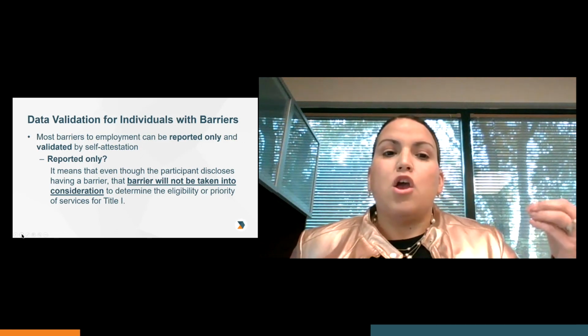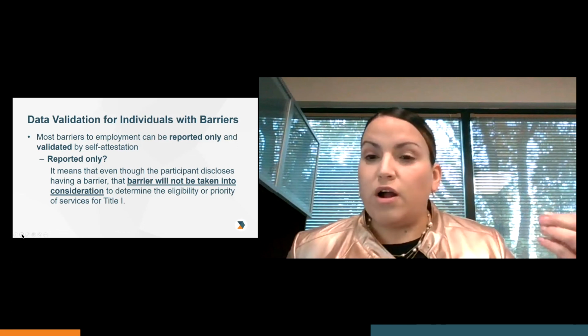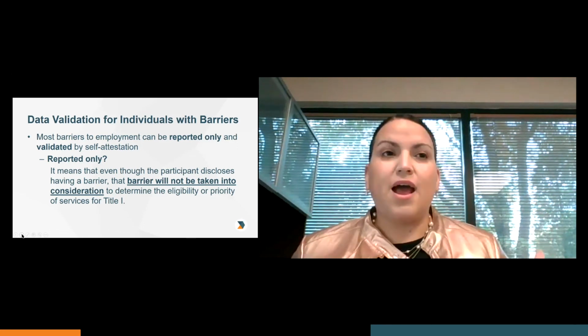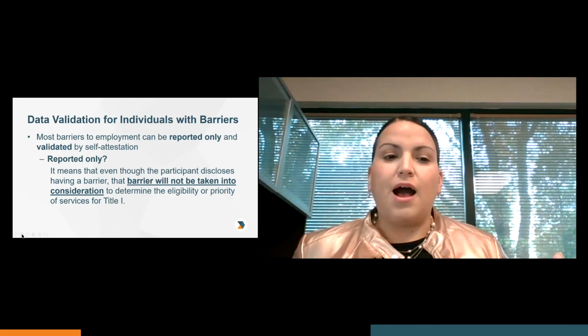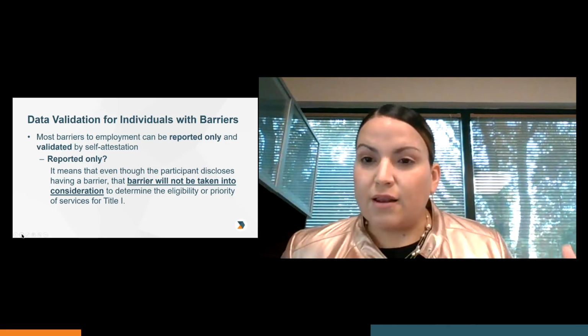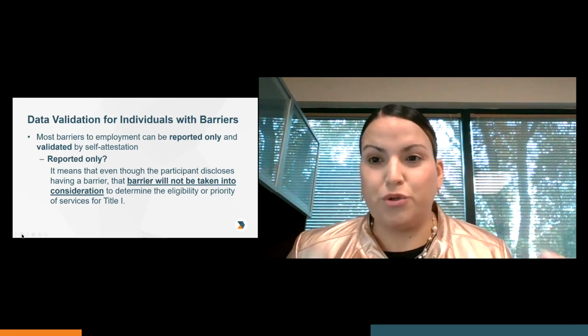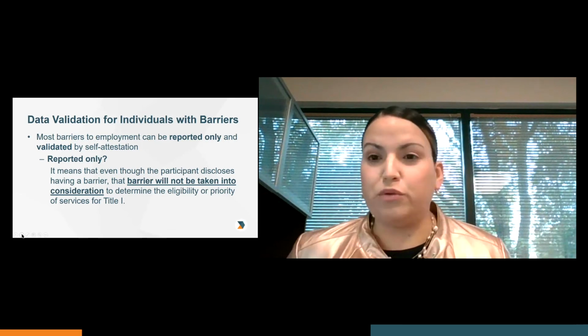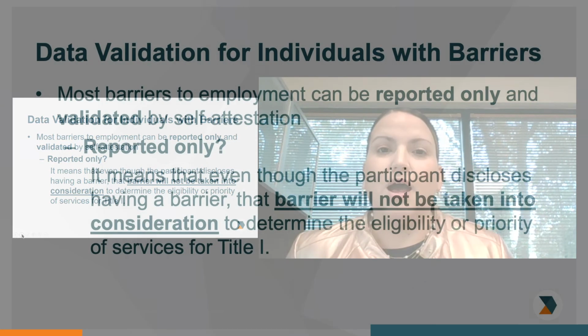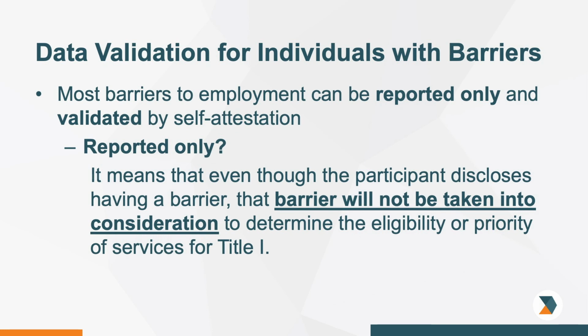So when you are serving someone that has a number of barriers, more than likely some of those barriers are not going to be barriers that you utilize to determine whether the participant is eligible for WIOA Title I services, or the barriers might not be relevant to priority of service.